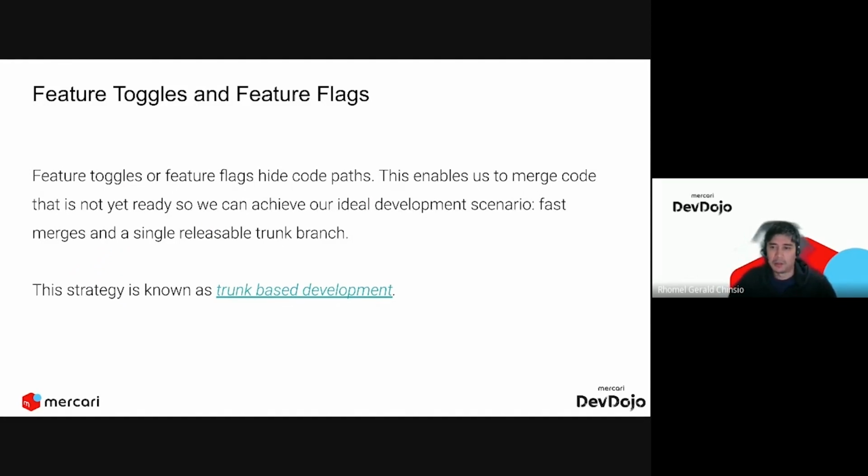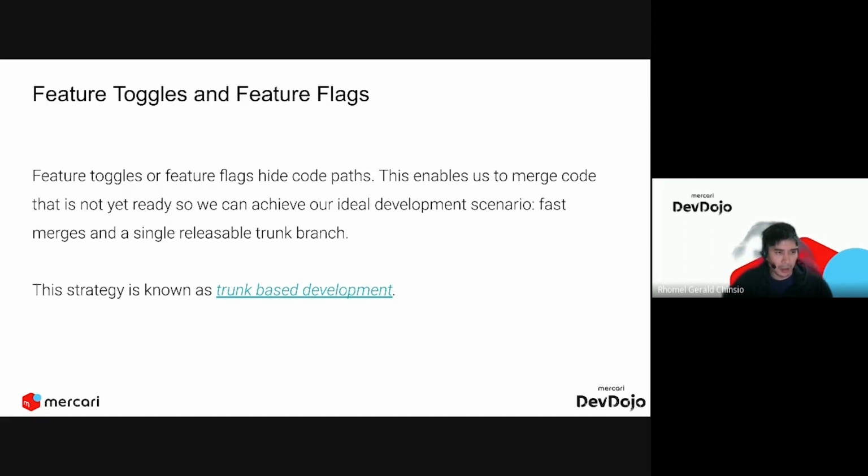We use this kind of code a lot in my previous team, but you need to remember to remove it later or it'll be there forever. Yes, this is a problem, and we will get to that.